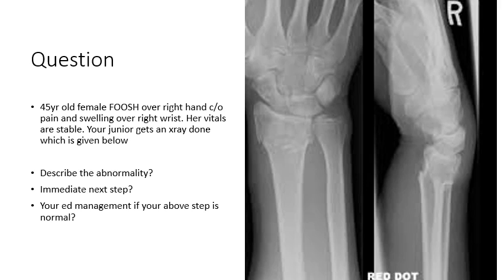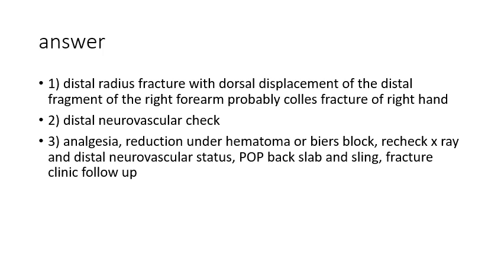Immediate next step, as with any fracture, would be your distal neurovascular check. Now your ED management, if the above step is normal, that means you do not have a distal neurovascular compromise. If you have a distal neurovascular compromise, you need to involve orthopedics as soon as possible.